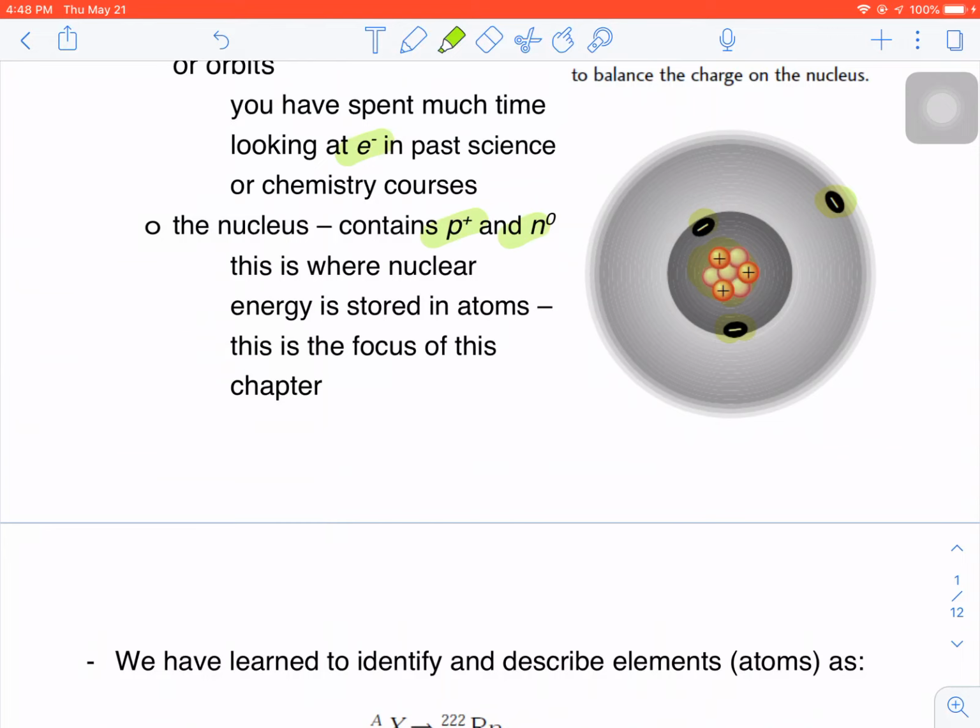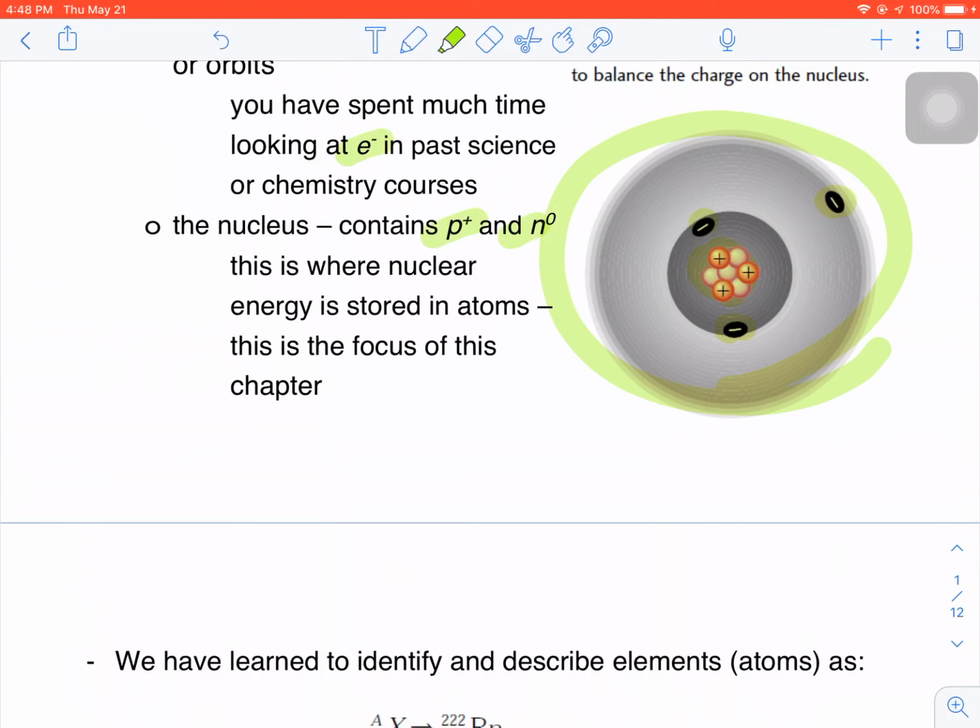If I'm talking about a barium atom, it has 56 protons in its nucleus. That's a lot of pluses to cram into a tiny little space. Again, remember, I'm not sure who you had for grade 9, maybe it was me, but we talk about the fact that this picture here is really misleading because the nucleus doesn't look like that.